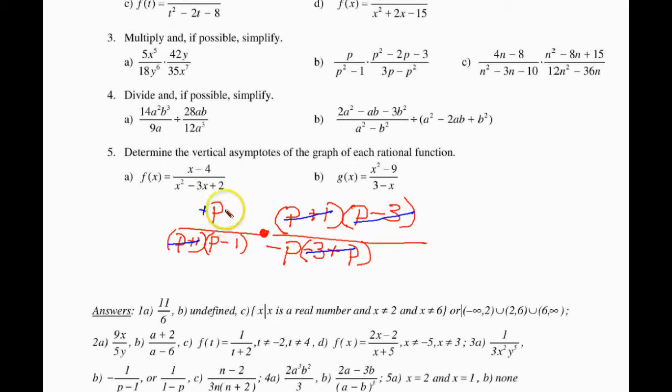So I'll show it to you. p divided by negative p is going to be a negative 1. So up in the top here, I can put a -1, and on the bottom I have what's left, p minus 1.